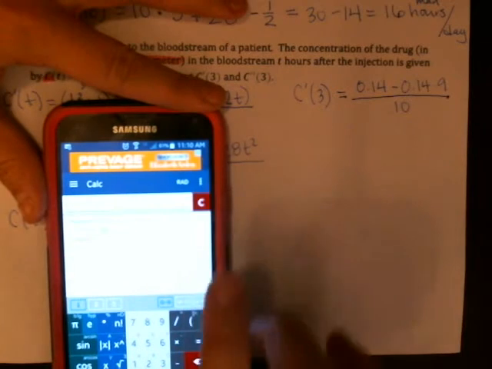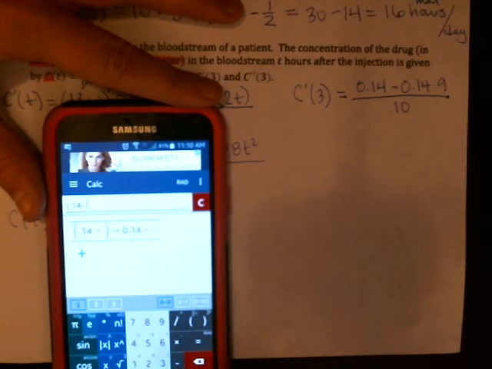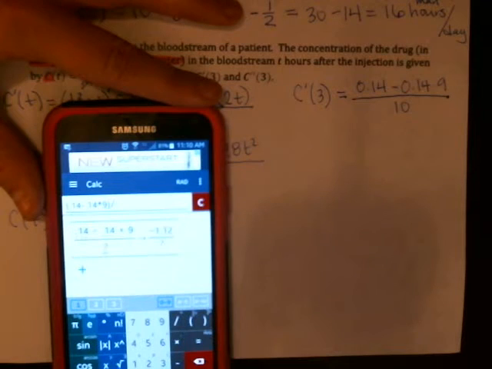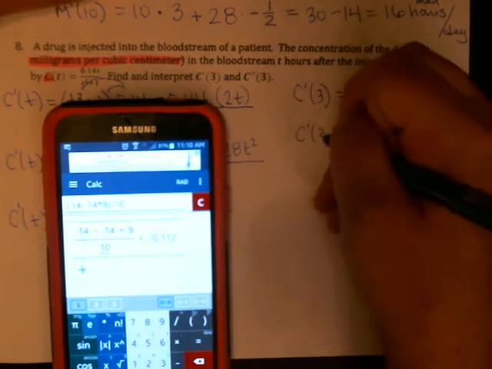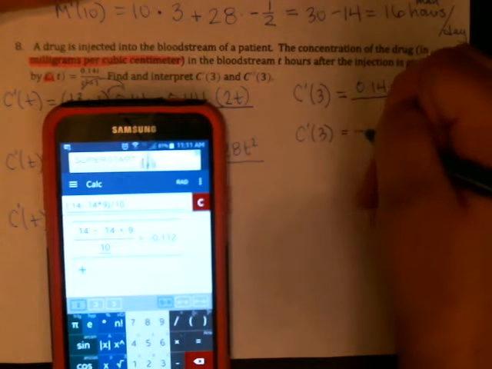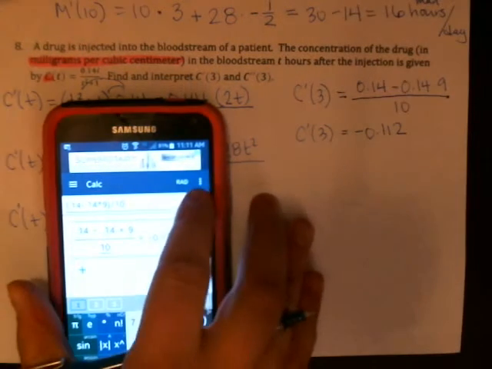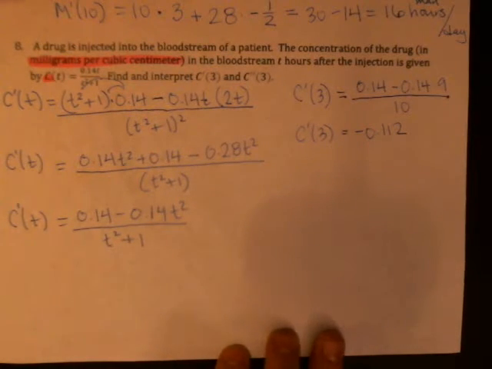We have 0.14 minus 0.14 times 9, and that's going to be divided by 10. So C prime of 3 is negative 0.112. Okay. I'm going to do interpretations when I have both of them. So there's the numerical value.